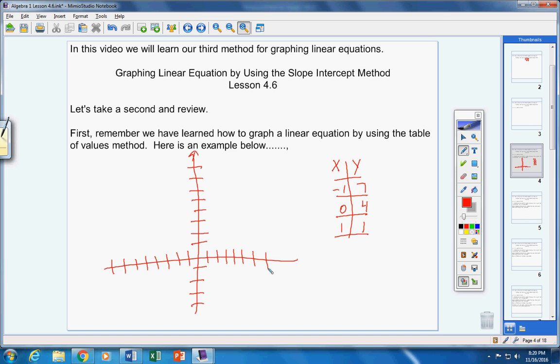I just want you to watch and listen. So I'm going to plot negative 1, 7; 0, 4; 1, 1. Now those points should theoretically line up in pretty much a straight line, okay? Connect your 3 points, and there you go. That's called the table of values method, alright?